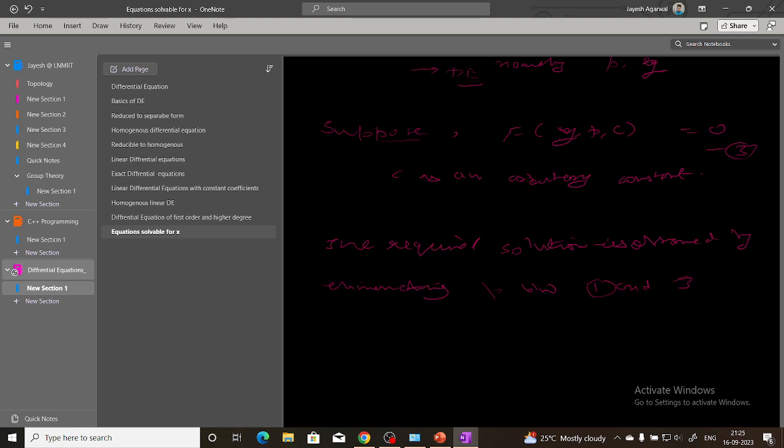If we eliminate p between 1 and 3, then we can obtain the required solution, right? As we discussed the case for y, similarly we can solve the case of x.